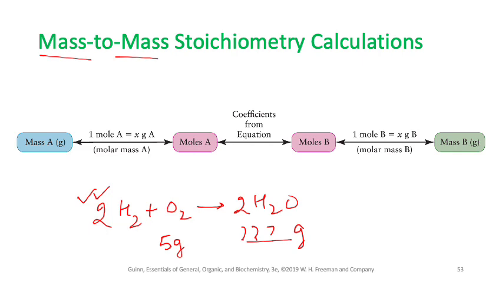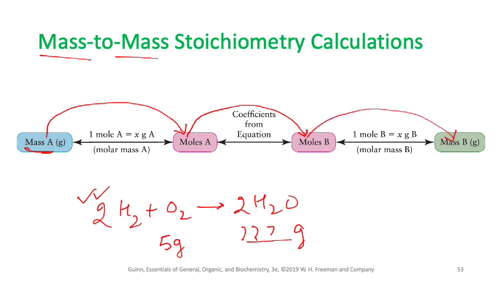The main concept here is, if the mass is given, convert that mass into moles of that substance first, and from the chemical equation connect the moles of one substance to the moles of the second substance that is required. Once you get the moles, you can easily get the mass of that substance.